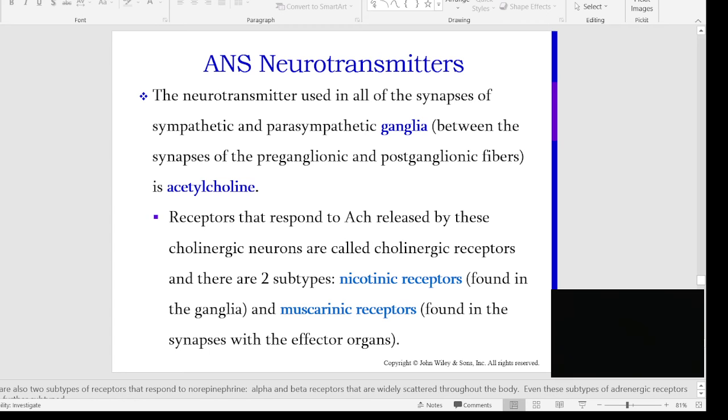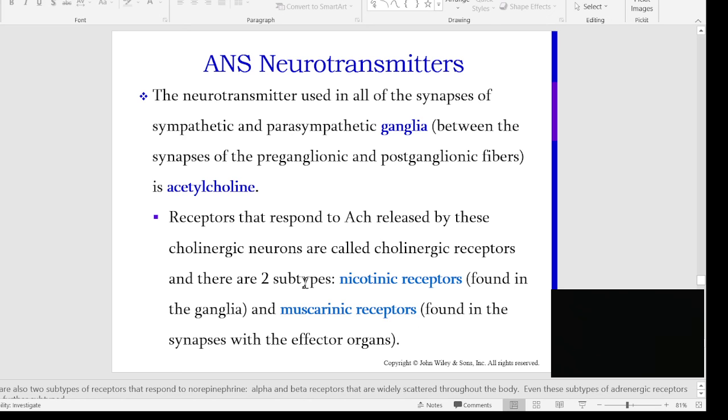The receptors that respond to ACh released by these cholinergic neurons are called cholinergic receptors. There are two subtypes: the nicotinic receptors, which are found in ganglia, and the muscarinic receptors, which are found in the synapses of effector organs. So these are the receptors for ACh. At the neuromuscular junction, the effector organ, these are muscarinic receptors.